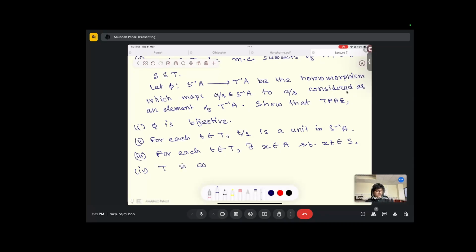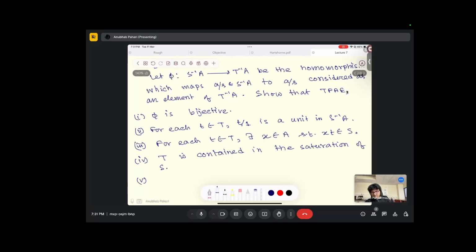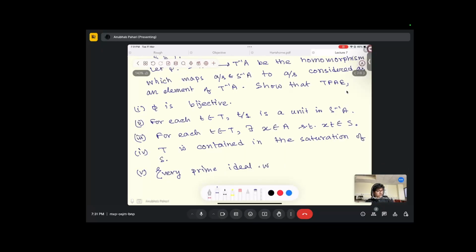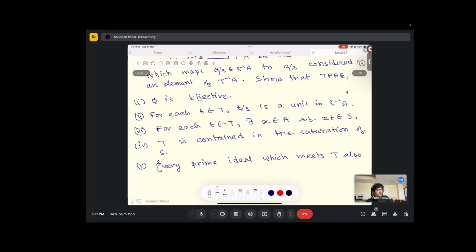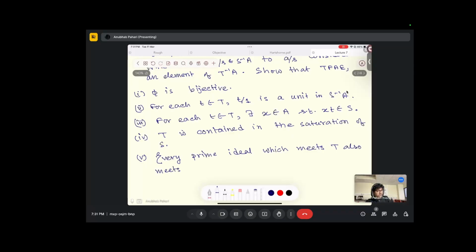T is contained in the saturation of S, and the fifth one is every prime ideal which meets T also meets S.